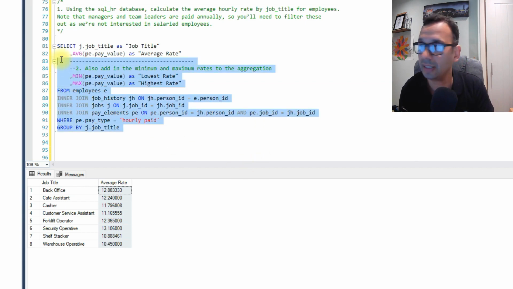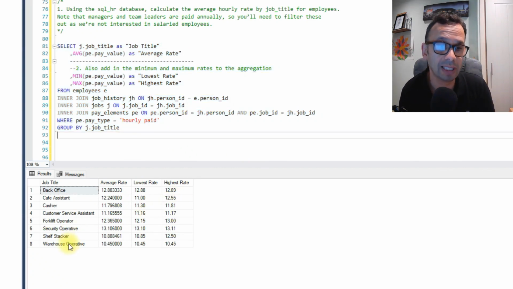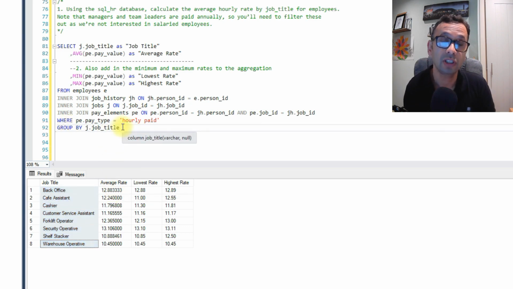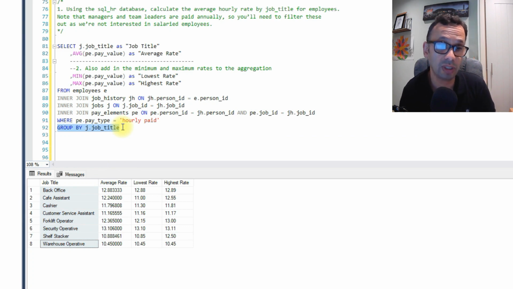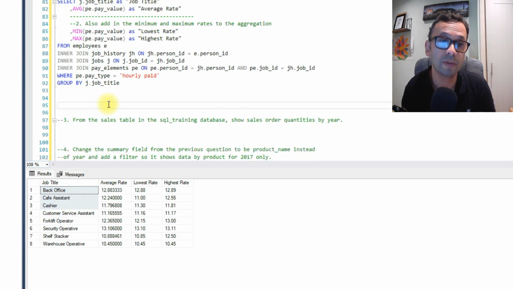Okay, so that is your solution to number 2. Number 1 and 2 together. Your job titles, 1 row for each job title, because when you group by a field, you can guarantee that is unique. There's only 1 row for back office, 1 for cafe assistant, 1 for cashier, because we've grouped by that. So that means it's 1 row per group.